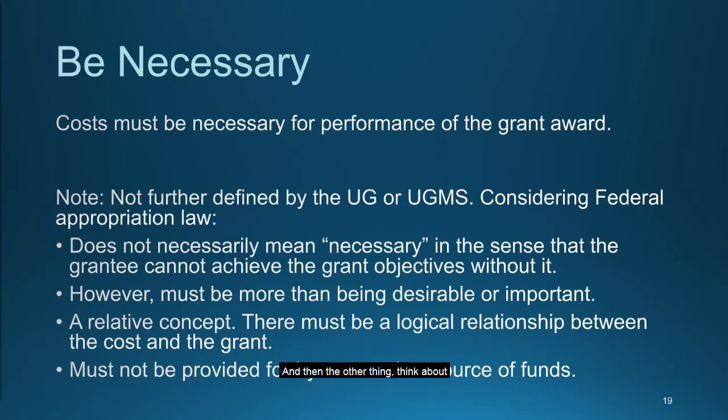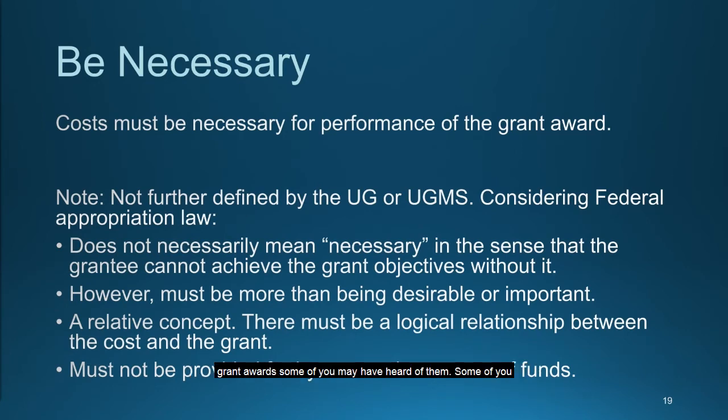And then the other thing to think about is whether it's provided by some other fund source. An example I can think of is that TWC also makes Jobs for Education and Training grant awards that are strictly equipment. These are institutions of higher ed that are applying for these grant awards.